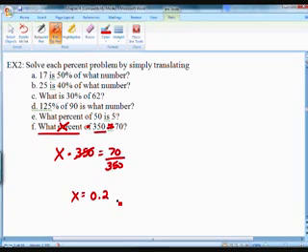0.2. You know how you can do that in your head? Let's take 70 over 350. Let me show you an even easier way. Just reduce that. Can anybody tell me what goes into both 70 and 350? 70 will. That's 1 over 5.